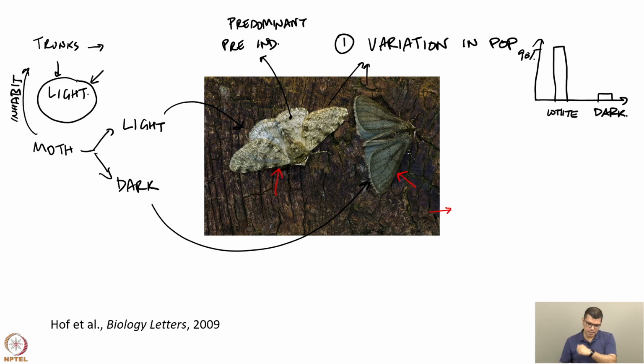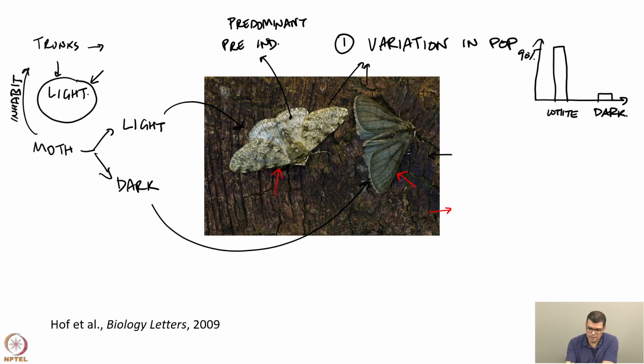And this was happening because of greater fitness; the light colored moth had a greater fitness advantage as compared to the dark one.